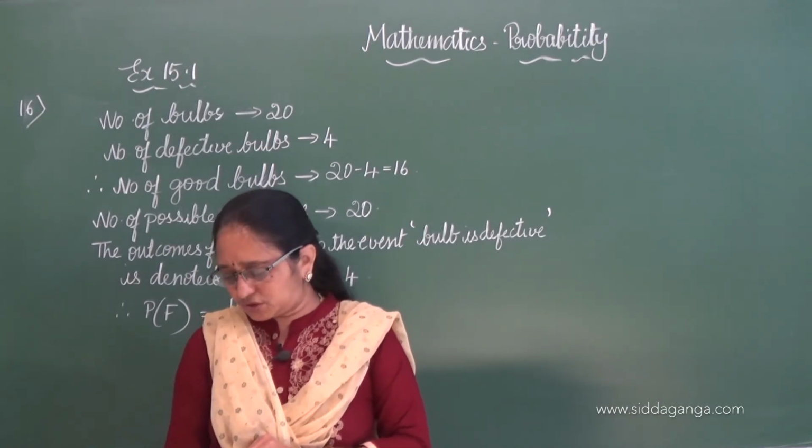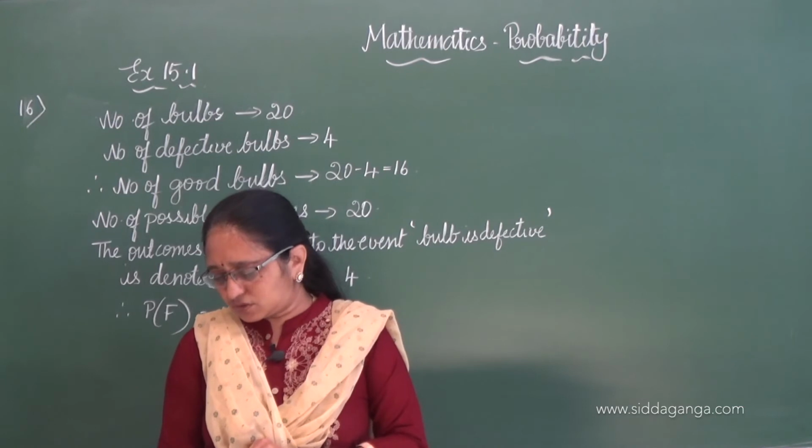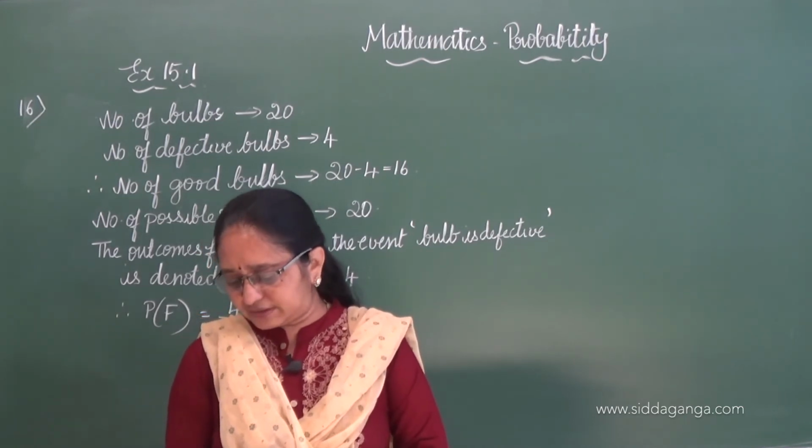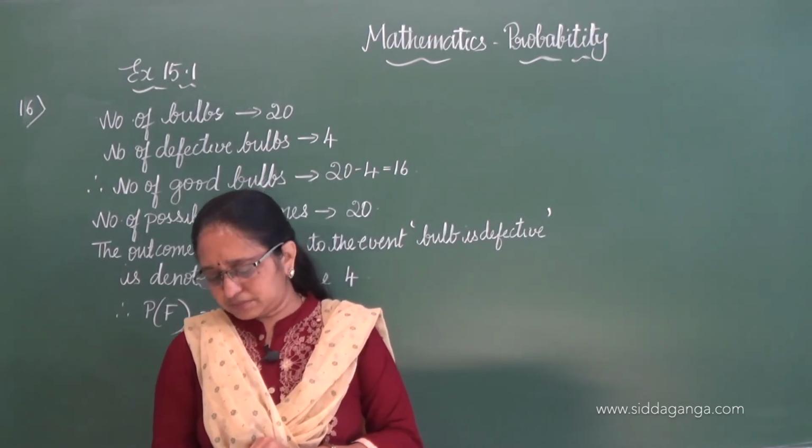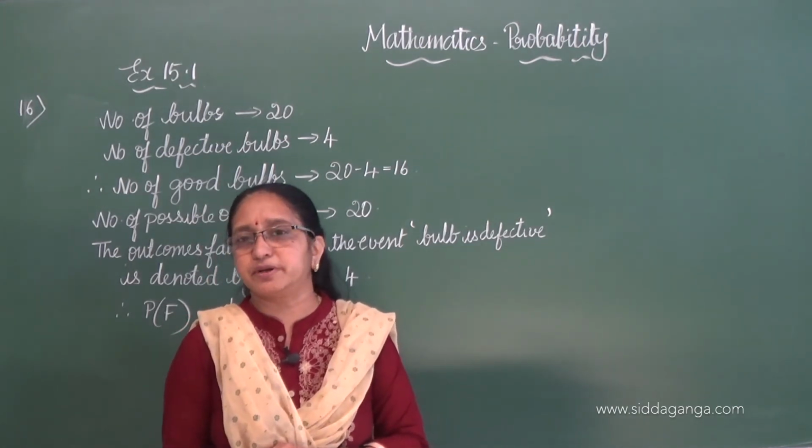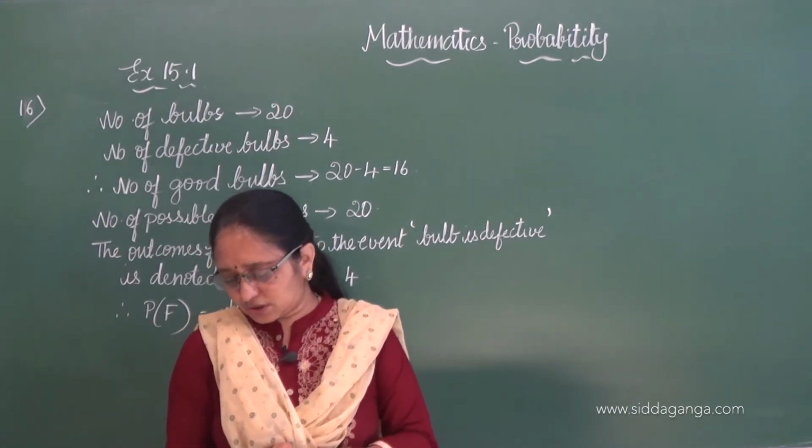Now one bulb is drawn at random from the rest. What is the probability that the bulb is not defective? Not defective means it should be a good one.